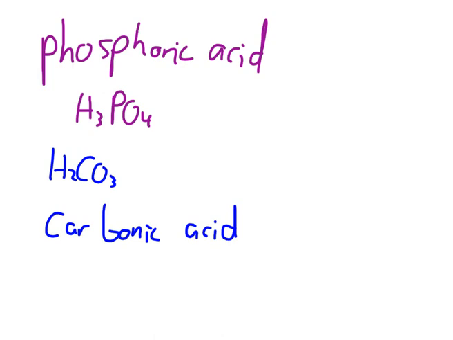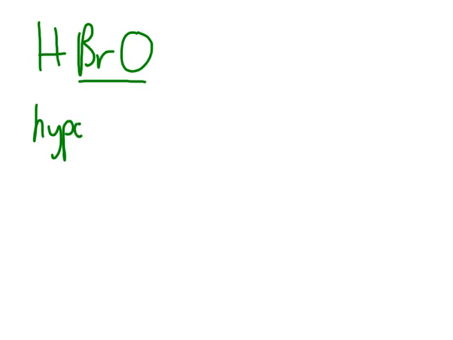Okay? This can also apply to the X or halogen rules. Let's take a look. I'm going to use bromine as an example. If I had HBrO, well, normally this would be named as hydrogen hypobromite. Ite changes to ous, so hypobromous acid.